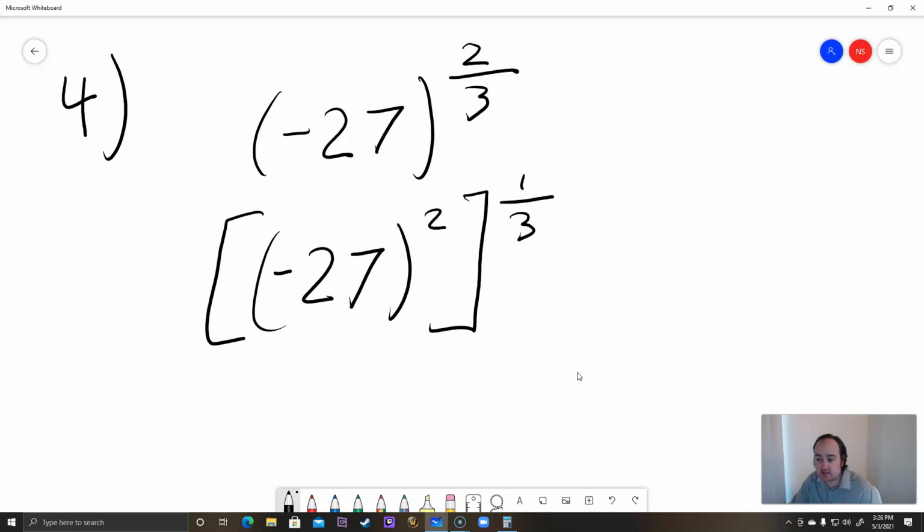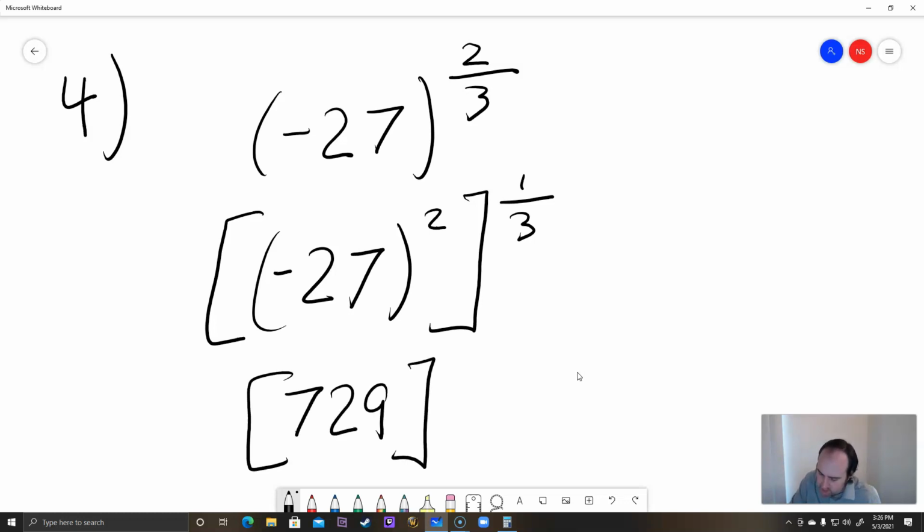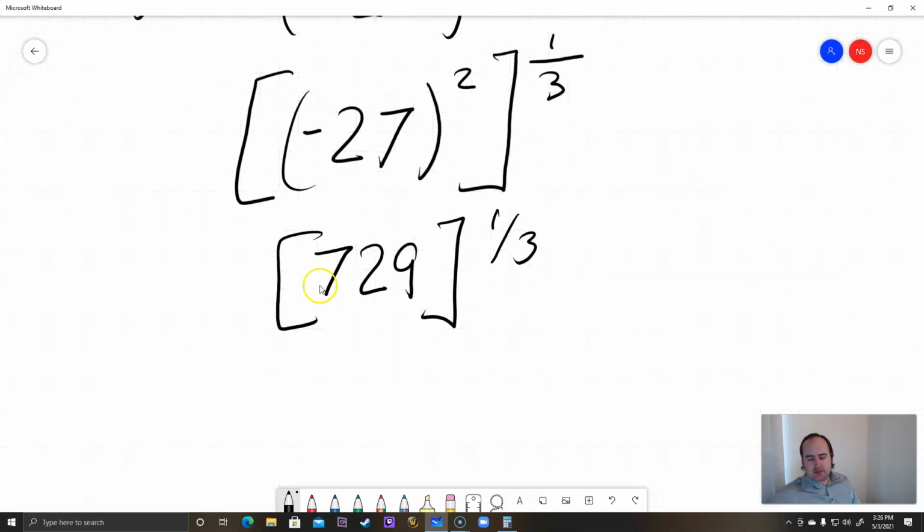Okay, so the minus actually goes away because when you square something, you have a minus times a minus, which is a plus. So we have 729 raised to the 1/3 power. And what does the 1/3 power mean? It means the cube root of 729.